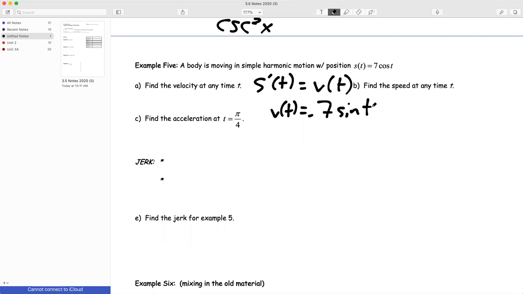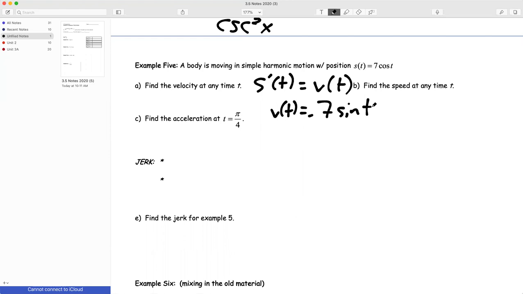Did you just do a mini product rule? Anytime you have a 7 or a number in front of the trig function, you can just bring that down. Then the derivative of cosine of t is negative sine of t, so I just move that negative out front there. Okay, everybody all right?